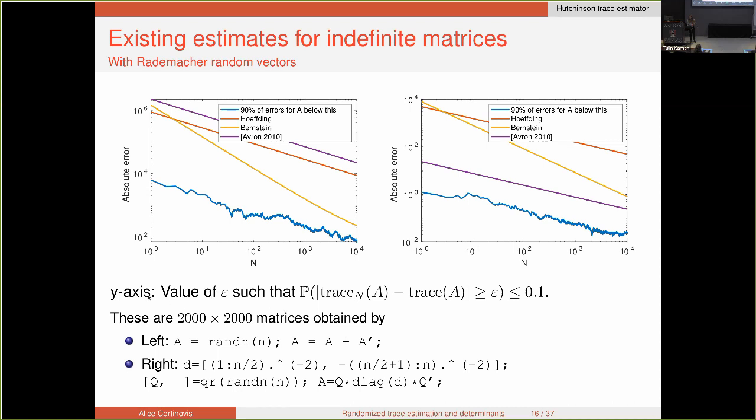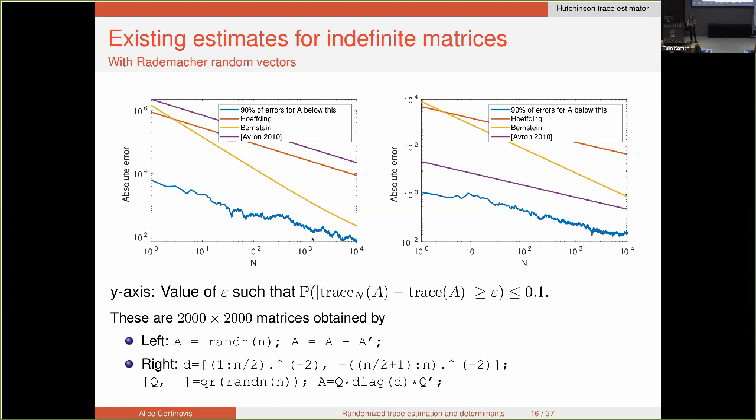On the x-axis there's the number of samples, and on the y-axis there's the value of epsilon such that this holds. I'm fixing the failure probability to be 0.1, and to compute this for the bounds, I just work out by hand what epsilon is. This corresponds to Hoeffding, Bernstein, and the estimate I showed you before. And these are these lines.